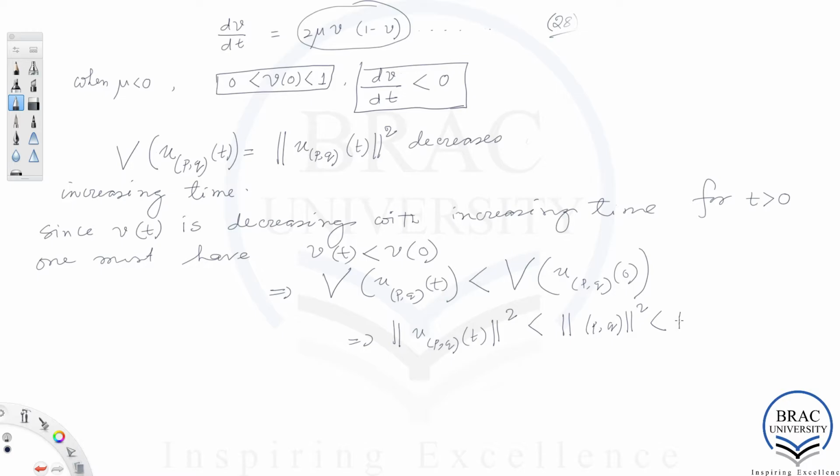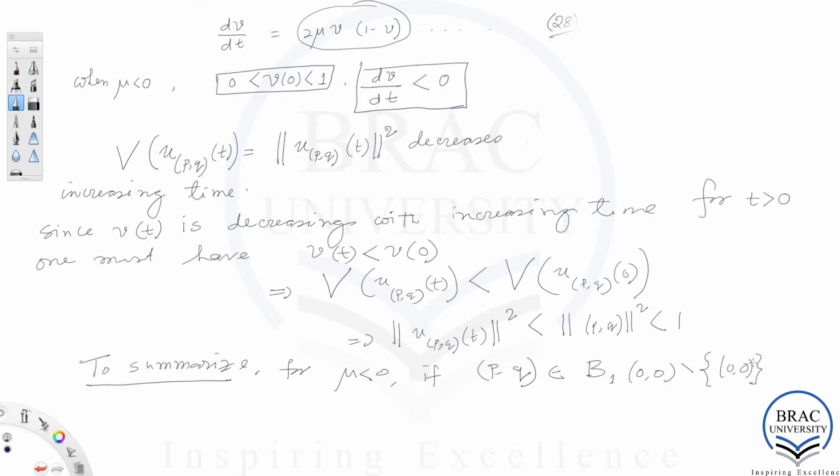Okay, so now what's happening around? To summarize, for mu strictly negative, if this vector p comma q belongs to this set B1, 0, 0, set minus origin, that is, in terms of this function small v, it tells us that v of 0 is between 0 and 1.